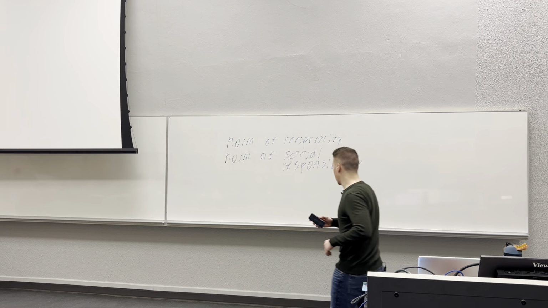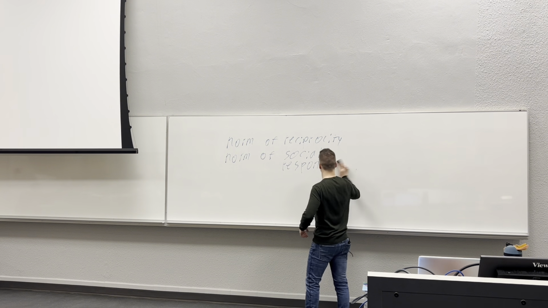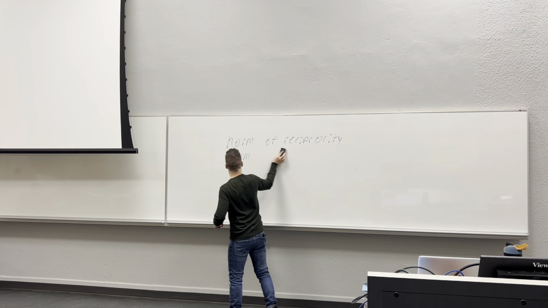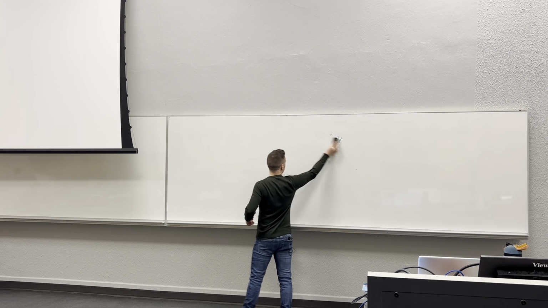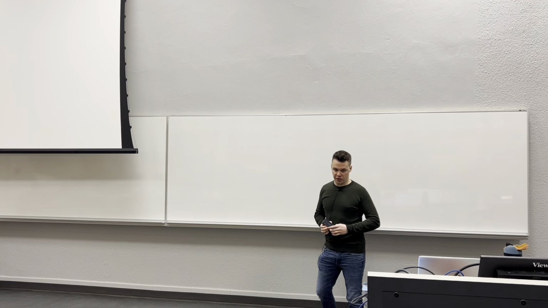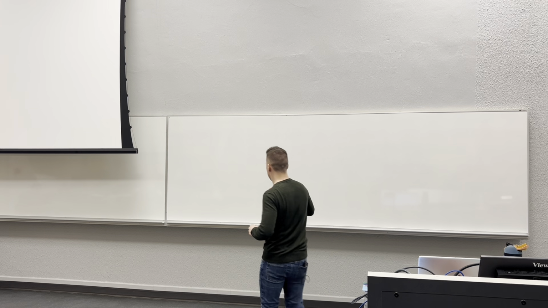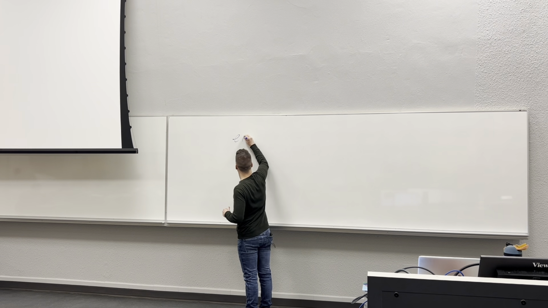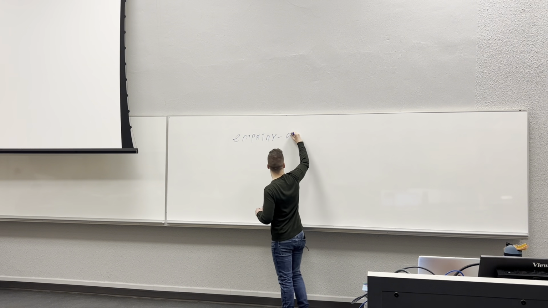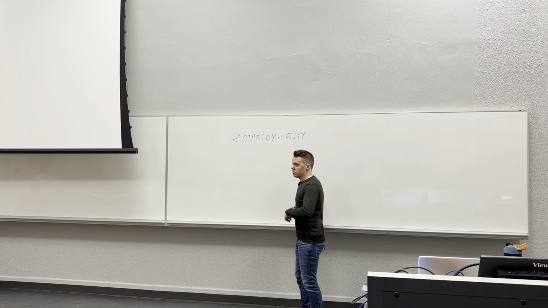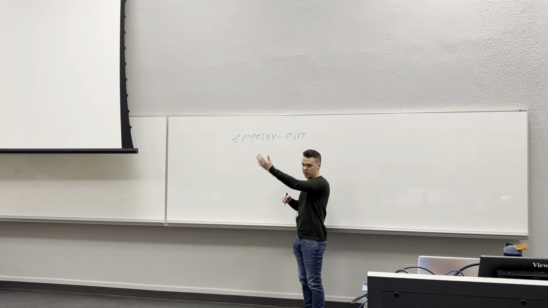At the psychological level, there are two different things that psychologists have put forward. One is the empathy altruism hypothesis. Altruism means self-sacrifice, like giving up something to help someone else.